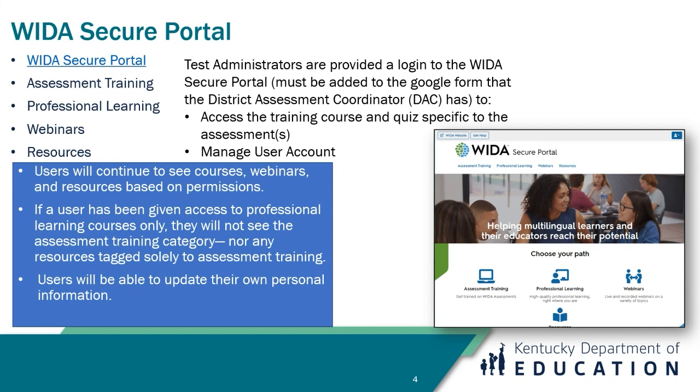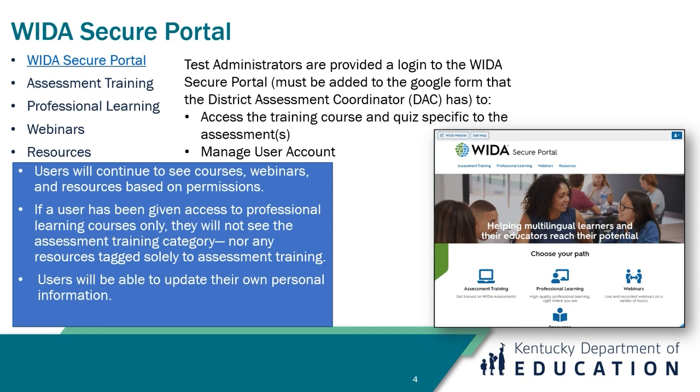Also each year, users, like if you already had an account and you move to a new district, if you already had a current WIDA Secure Portal account, you can still log into your WIDA Secure Portal account and go to your profile, and that'll be up in this corner.